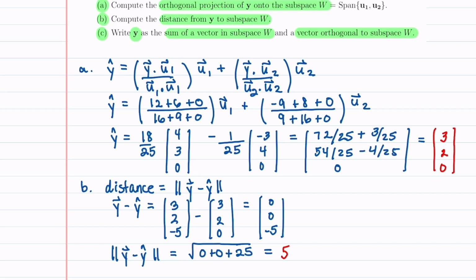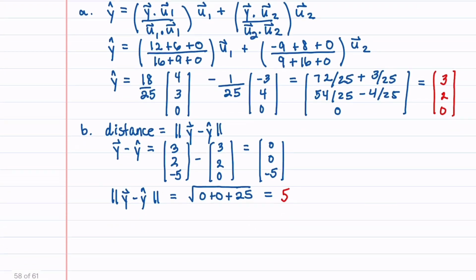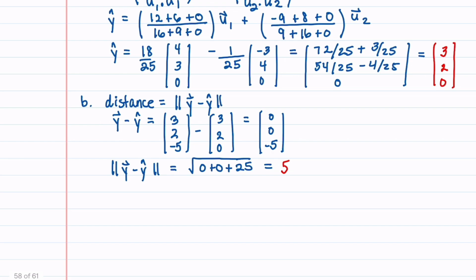Now let's look at our last part. We're going to write y as the sum of a vector in the subspace of W and a vector orthogonal to the subspace of W. Our vector y is going to be our vector in the subspace, so that's going to be our projected vector y hat, plus a vector orthogonal to our subspace, which we'll call vector z.